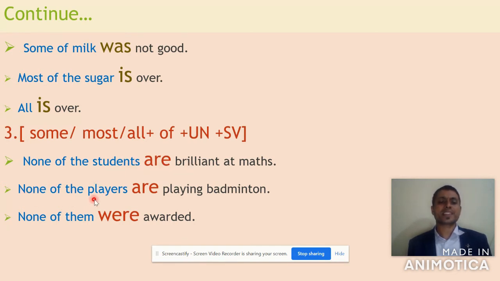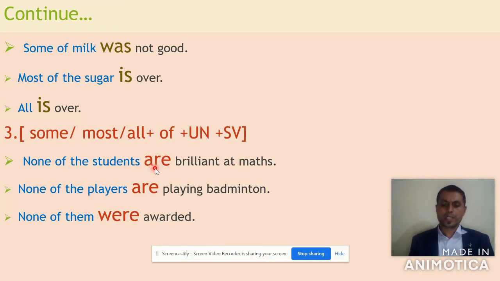Here none of the players are playing badminton at the same time, none of them. So all this none of refers to what, all the students at the same time, right. It refers to the plural subject, so we use a plural verb. Plural subject agrees with plural verb, right.